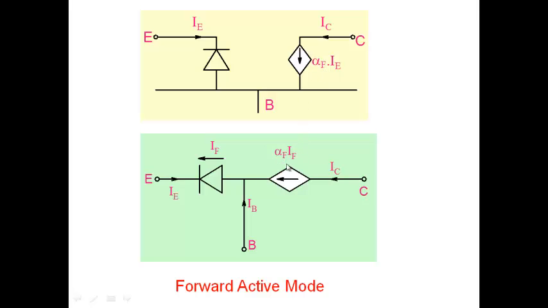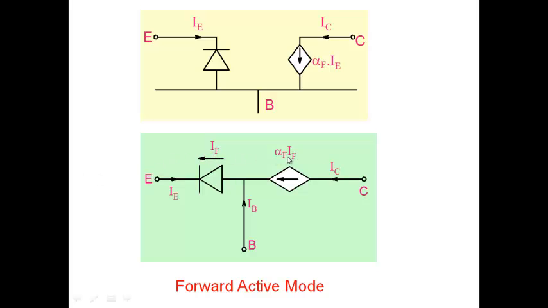So it becomes alpha F IF. Okay. So we have written it in this particular form. All right. So F, because we are calling it the forward active mode. I'm using this particular model to generalize it to a generalized transistor model. That's why I've changed the terminologies a little bit, calling it the forward current.